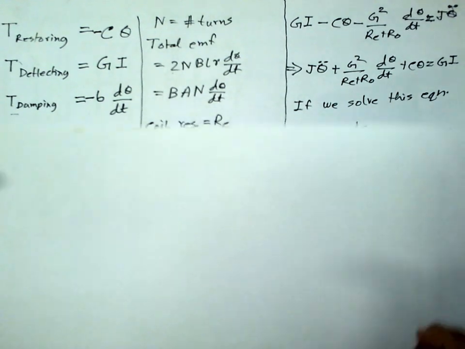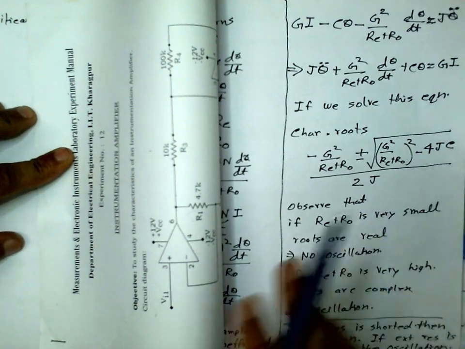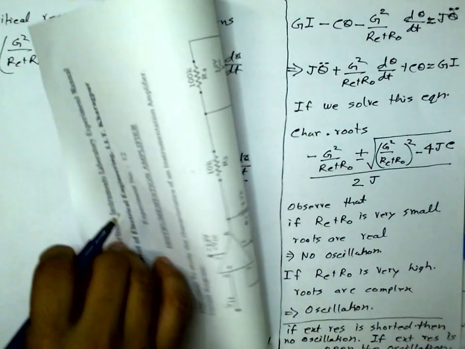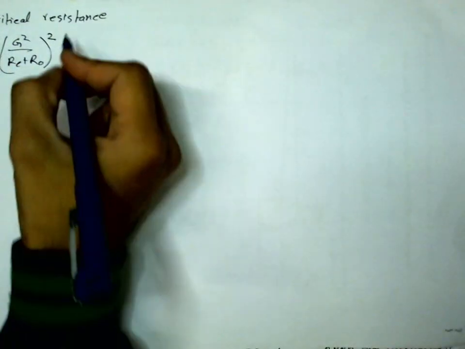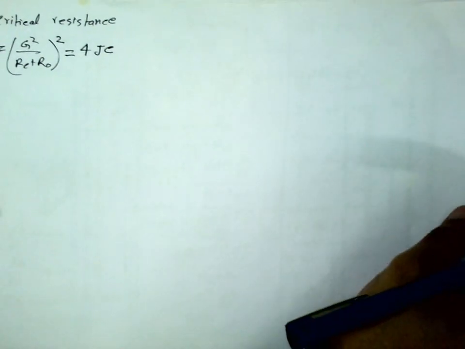So the critical resistance is given by the situation when this term is 0: G square by (RC plus RO) whole square minus 4JC is 0, which means this is equal to 4JC. So this is the critical resistance condition.